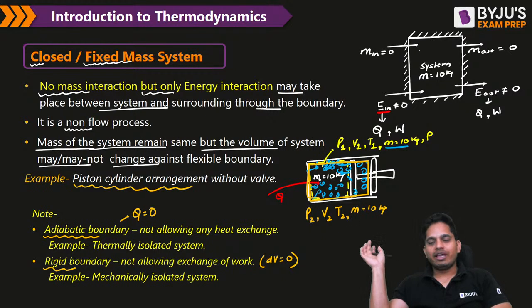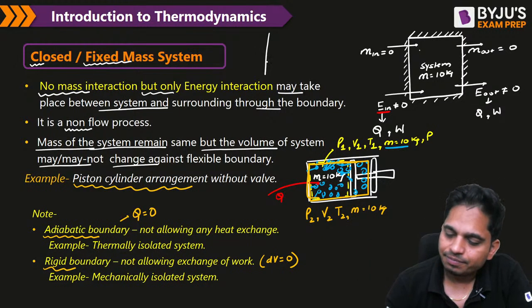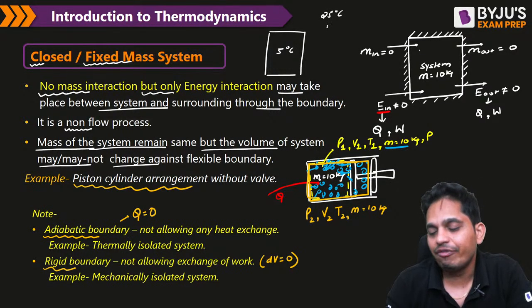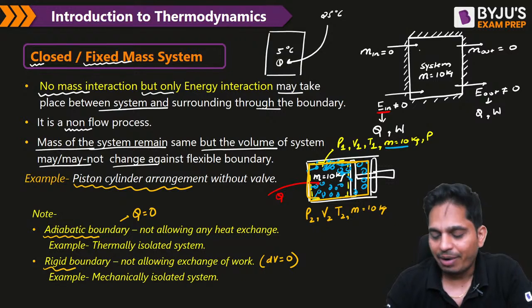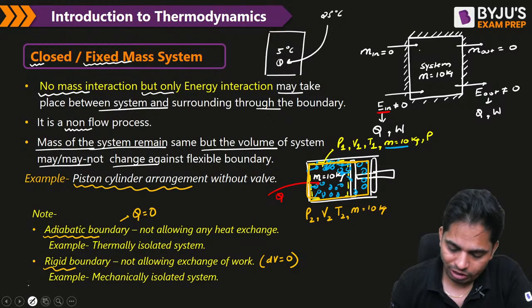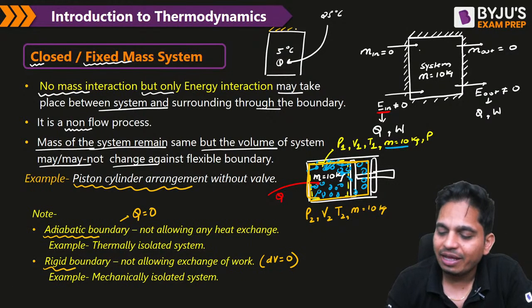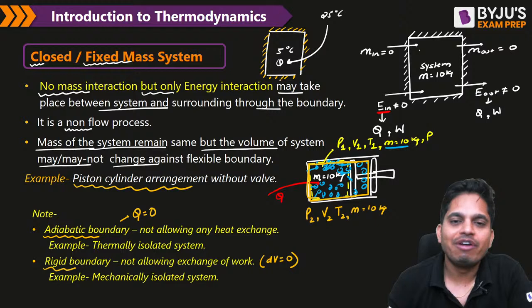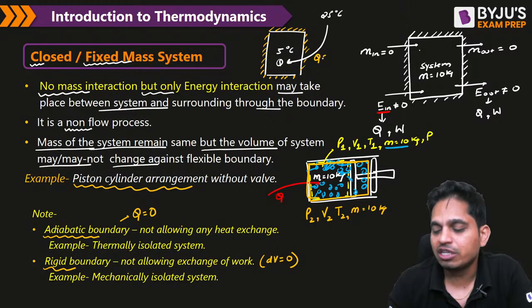Because in your refrigerator, inside temperature is 5 degrees Celsius, outside temperature is 25, let us say. So heat will always try to come inside. But because your refrigerator is insulated properly, we can assume, it is not true, but we can assume that this heat transfer is 0.